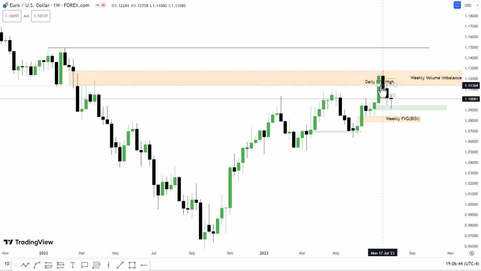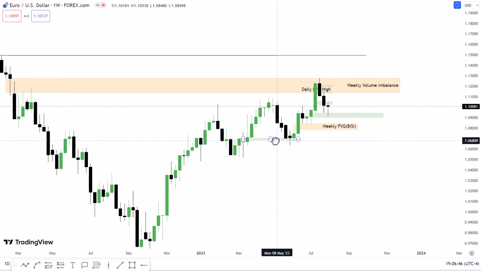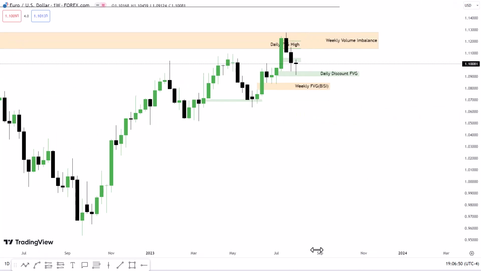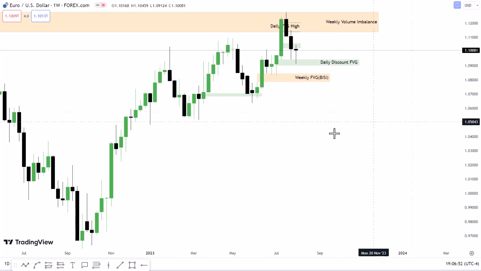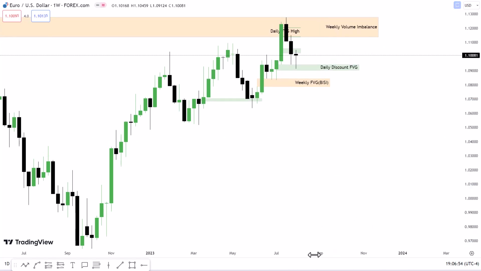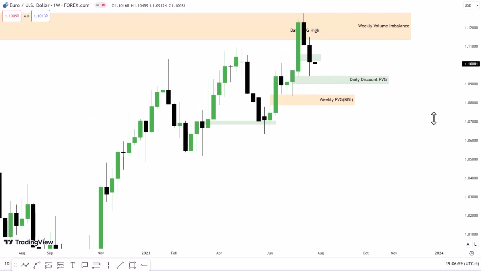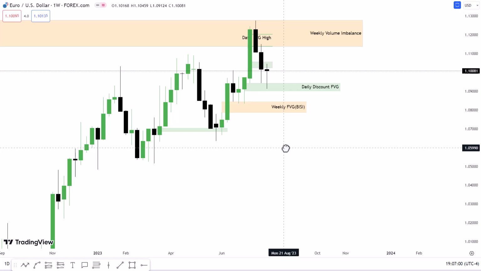It has been filled. So I pointed out to my students weeks ago to expect that as a draw on liquidity, and we actively traded that. For those who are listening right now, who are in the group, you know exactly what I was talking about. So that being said, that was a higher time frame draw on liquidity.